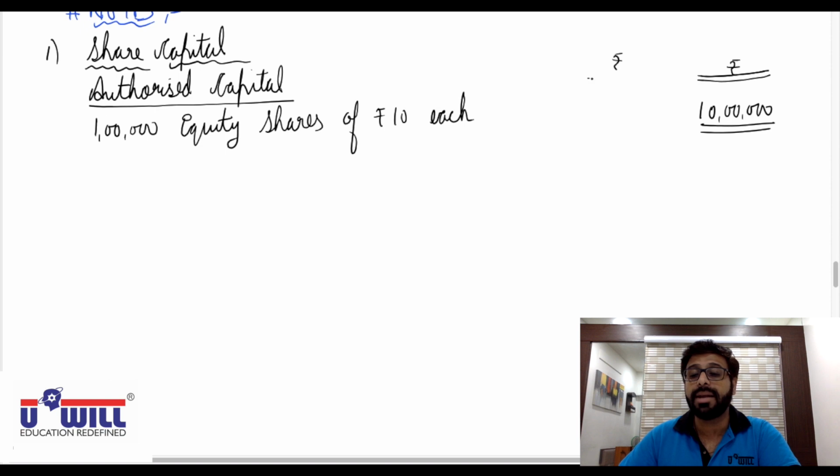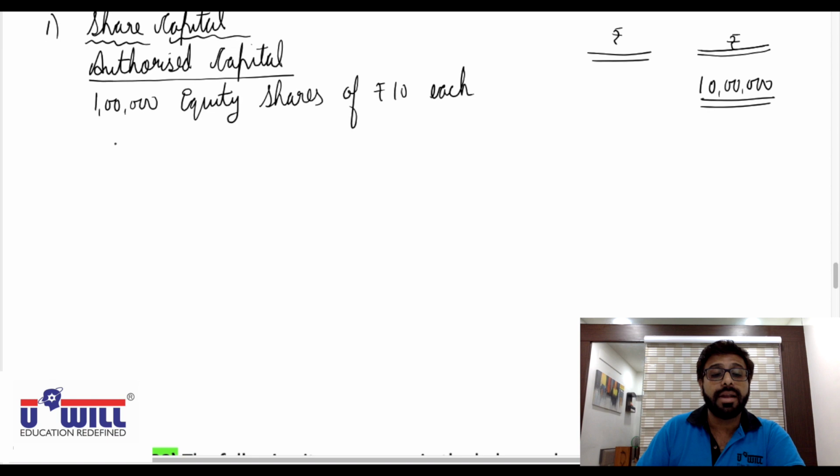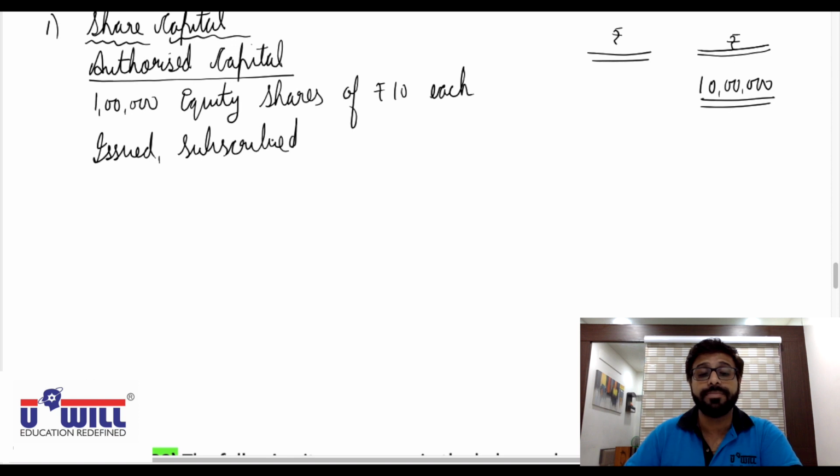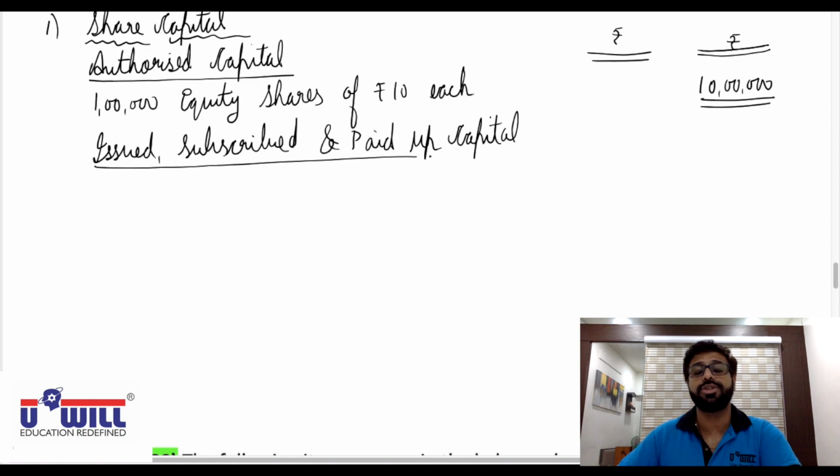Double underline means it is not to be included in the total. Now what you all can do is, as I explained earlier also, issued, subscribed and paid up capital you can combine into one heading, because here all are same, and this would be included in the total of balance sheet.